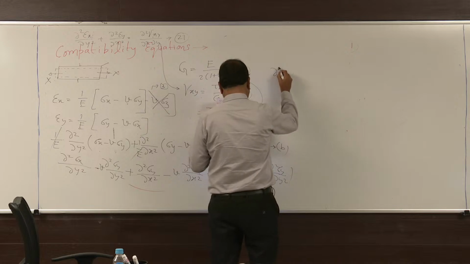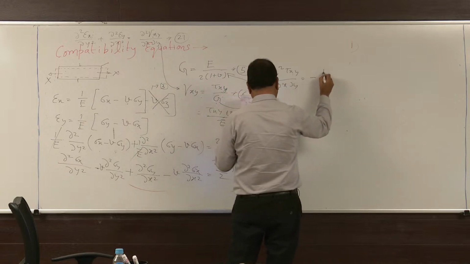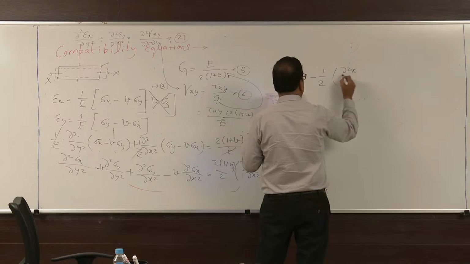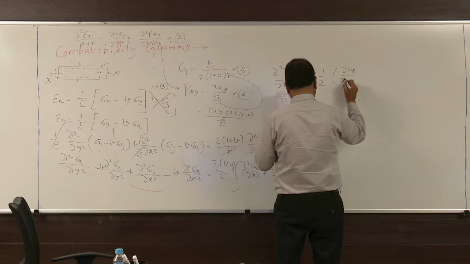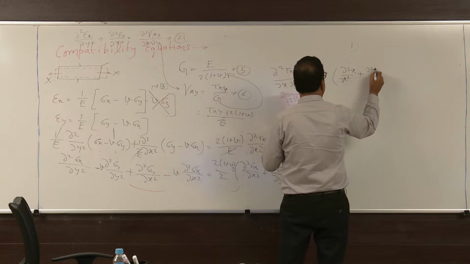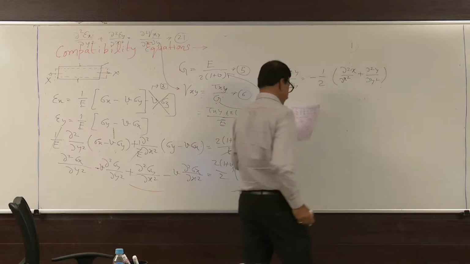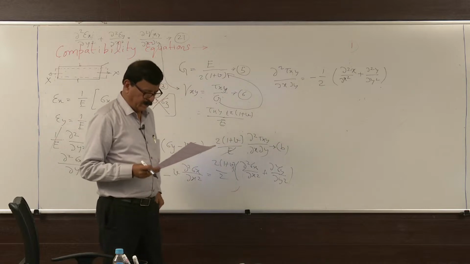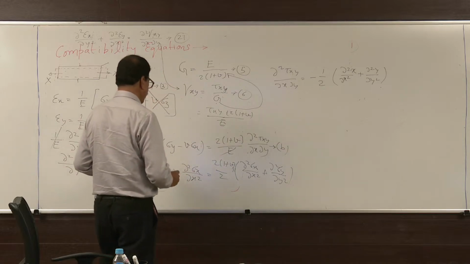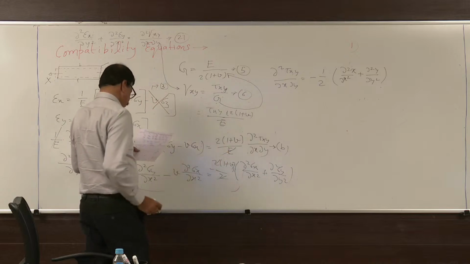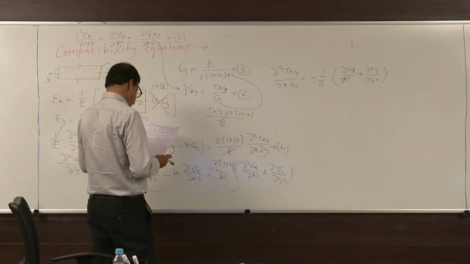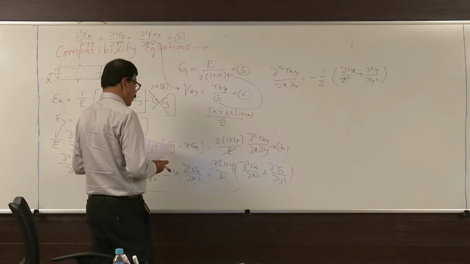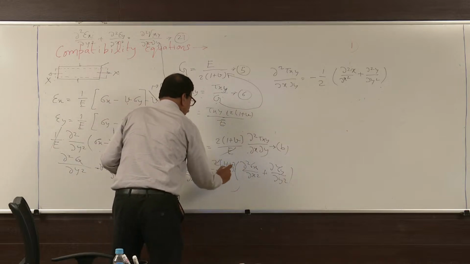Because we know that, if you open this, you will get multiply by 1 here, then multiply by v.